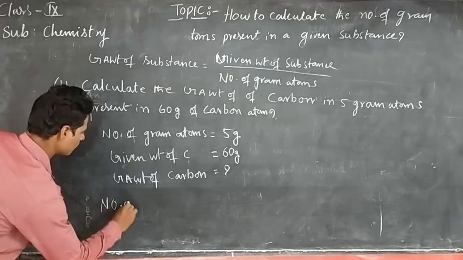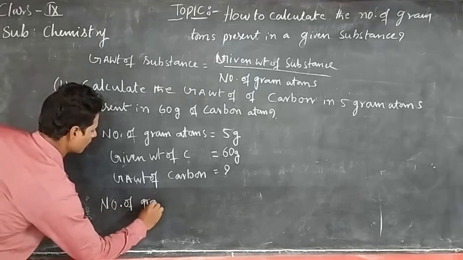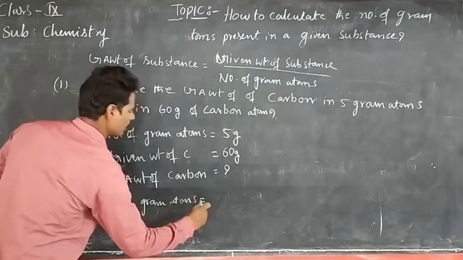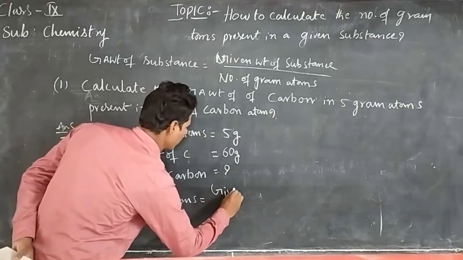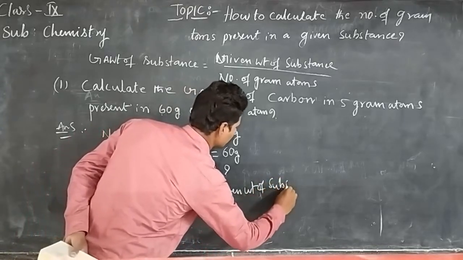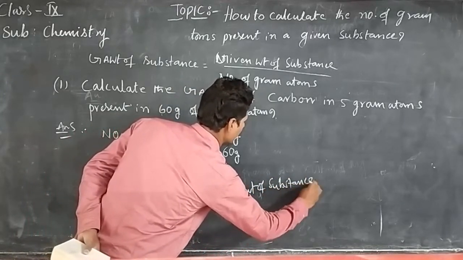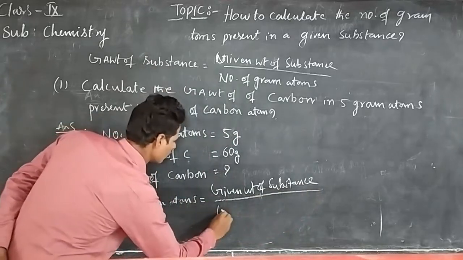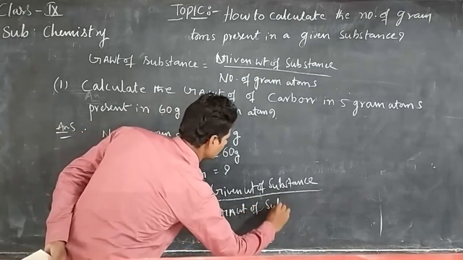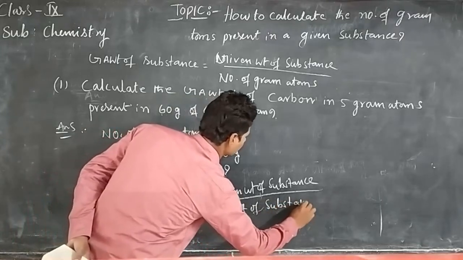But we know the formula: number of gram atoms equals given weight of substance by gram atomic weight of substance.